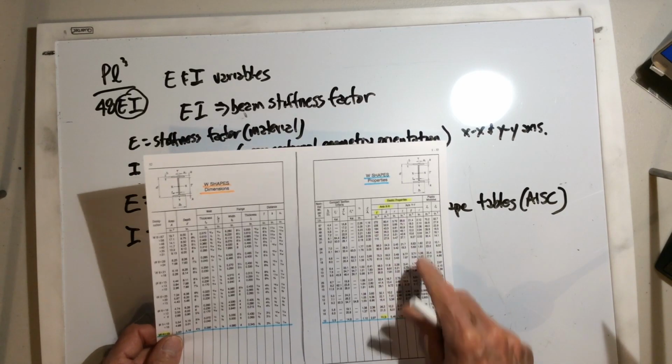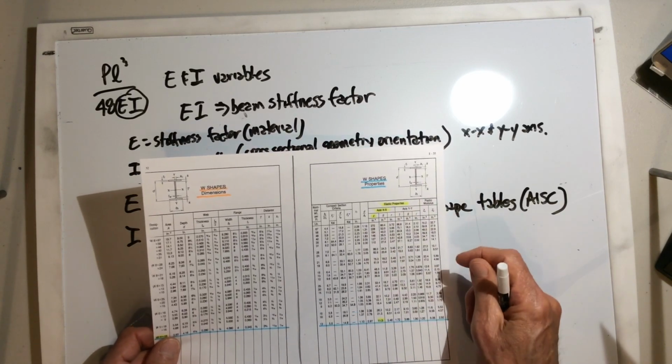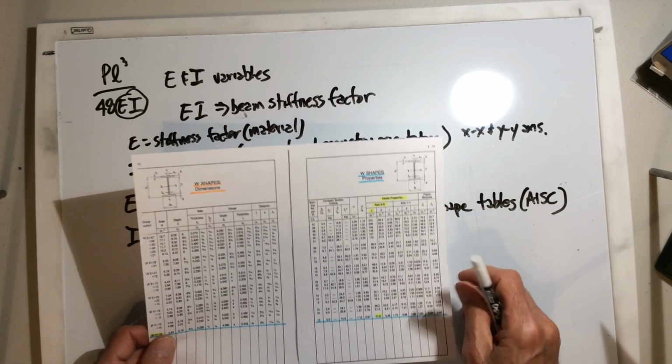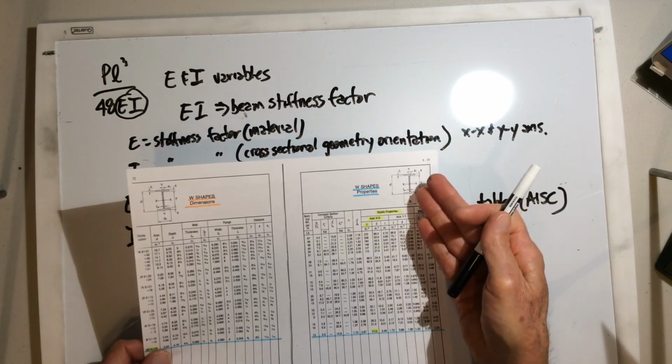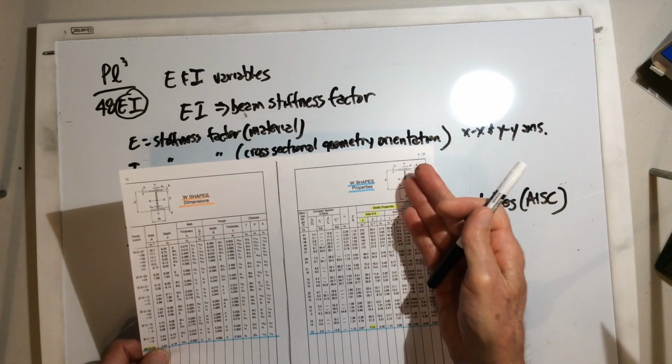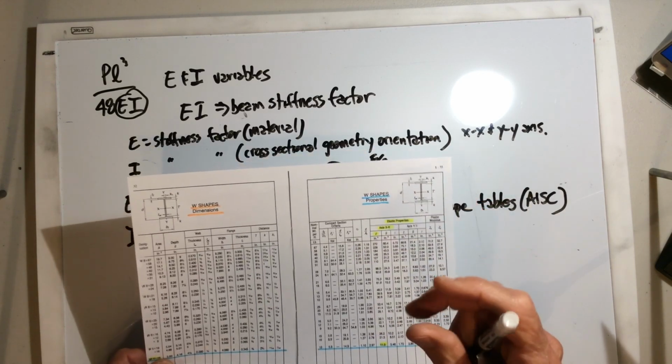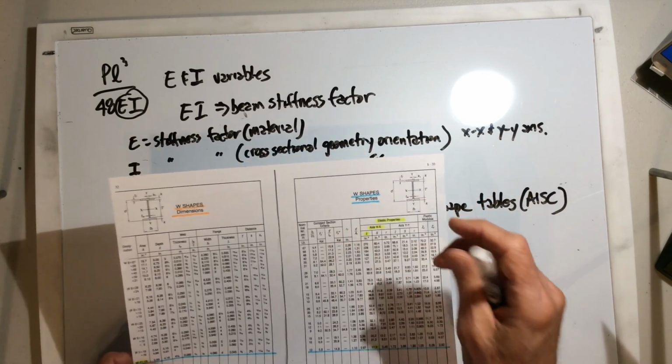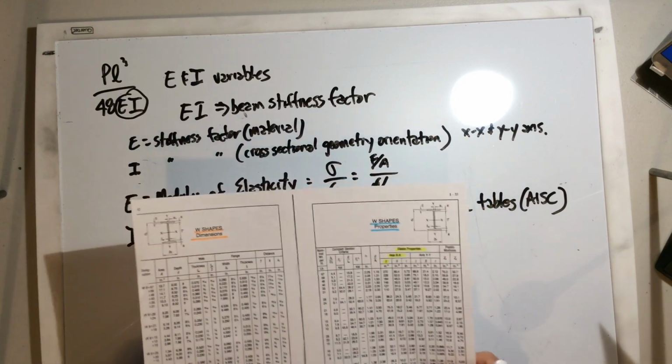So all of these I's are here on the XX axis and YY axis. This is where you obtain these. You can get these for wide flange beams, channels, angles, pipe, tubing, rectangular tubing, square tubing, etc.